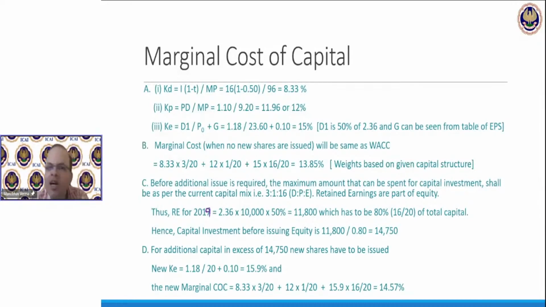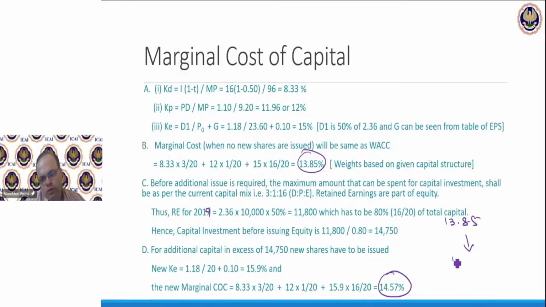So Bhumika, that means hard work will pay off, right? Yes, Dikshita, another way to interpret it. So Dikshita interpreted it in a very interesting fashion. So the way to look at this could be, yes, we are looking at a 13.85 due to the fact that there is a marginal cost of capital. The WACC increased from 13.85 to 14.57. Great.